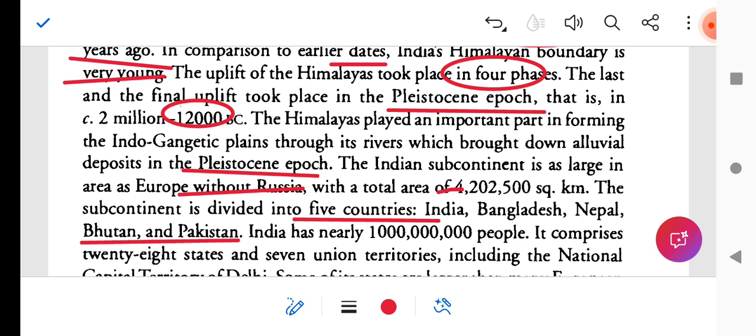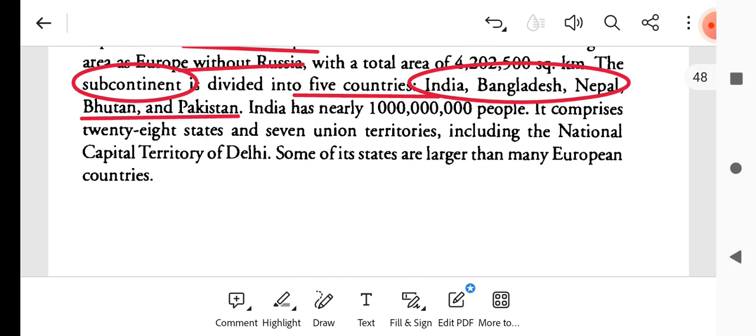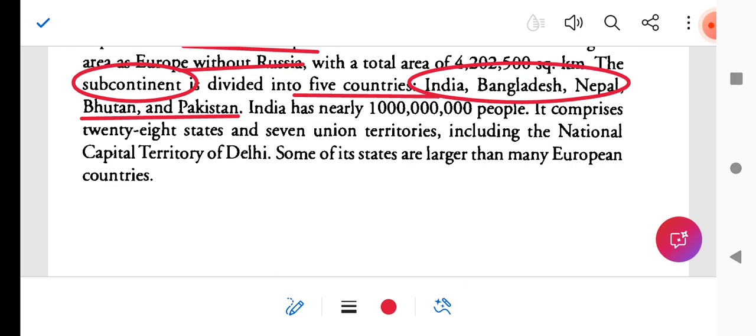These countries are collectively known as the Indian subcontinent. India has nearly 1000 lakh, or 10,000 lakh people, or we can say 1 billion people. It comprises now more than 1.4 billion.